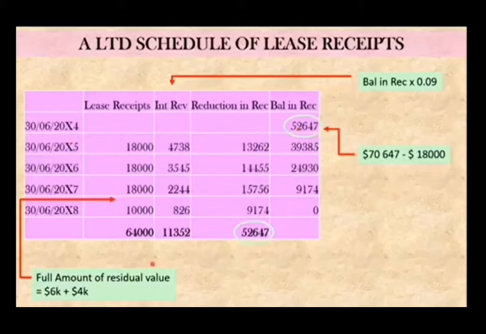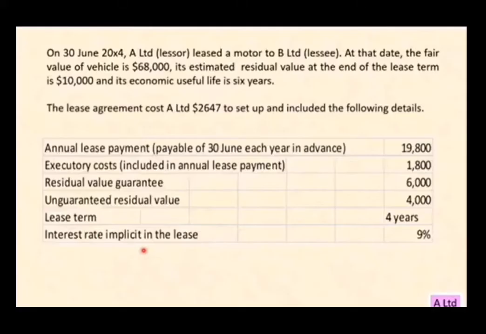And for this one, why it is 10,000 and not 18,000 just like the others is because of the question also. That's Vicky's question. It is said that its estimated residual value at the end of lease term is 10,000.